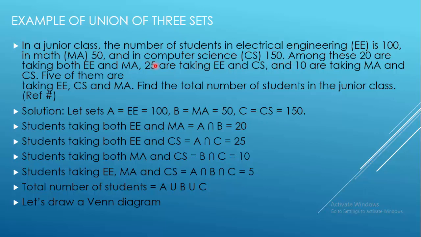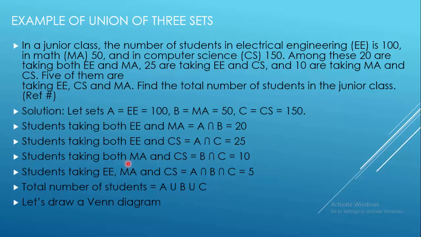When we say that 20 students are taking both EE and MA, it actually means that these students are common between the A and B sections. So students taking both EE and MA is A intersection B, equal to 20. Students taking both EE and CS is A intersection C, 25.